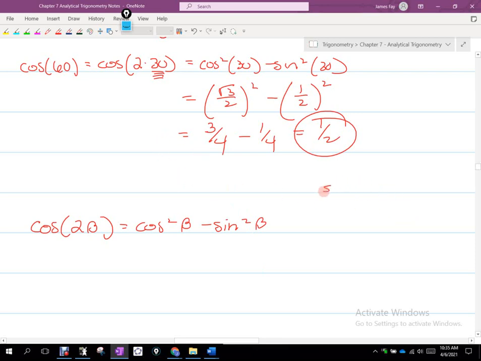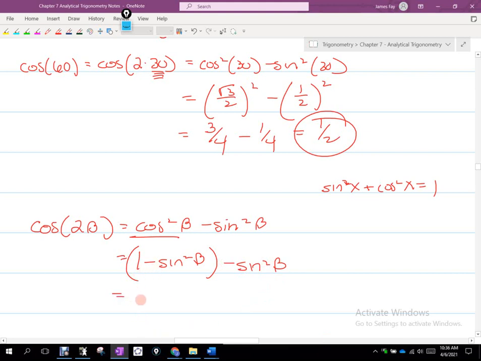Because of this. Don't we know that sine squared x plus cosine squared x equals 1? So can't I replace that right there with 1 minus sine squared beta, minus then sine squared beta?